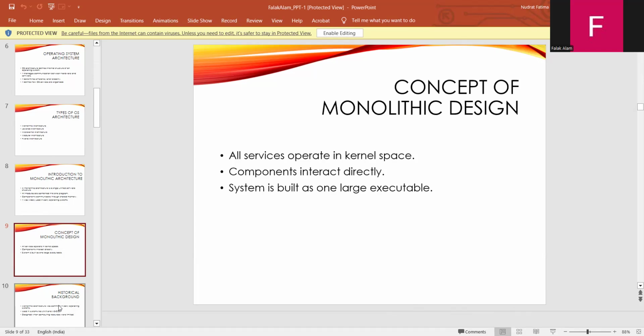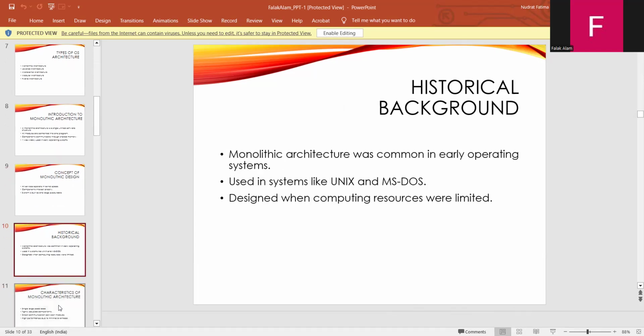Now, where does this monolithic design come from? Let us check the historical background. Monolithic architecture was widely used in earlier operating systems because computers had limited resources.